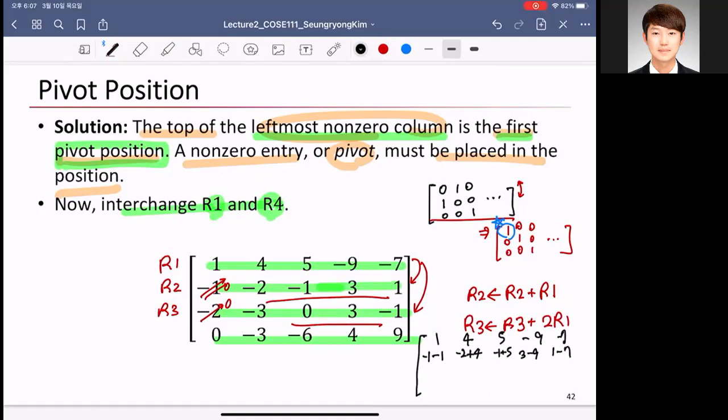The third one is going to be 2 plus 2, -3 plus 8, 0 plus 10, 3 minus 18, -1 minus -14. And the remaining row, I mean the first row, just 0, -3, -6, 4, 4, right? Then it's going to be, 아니죠, should be +1, right? So it's going to be 0 and 0, and we can calculate the remaining one.